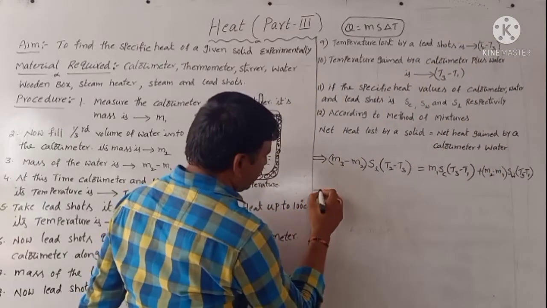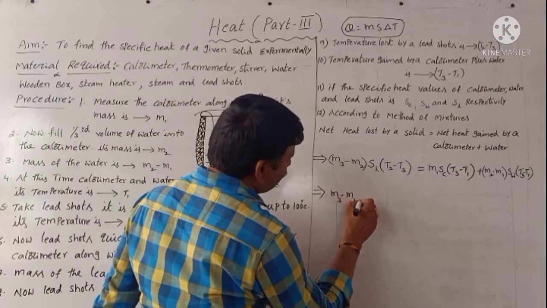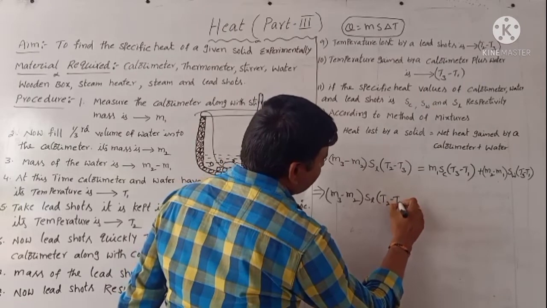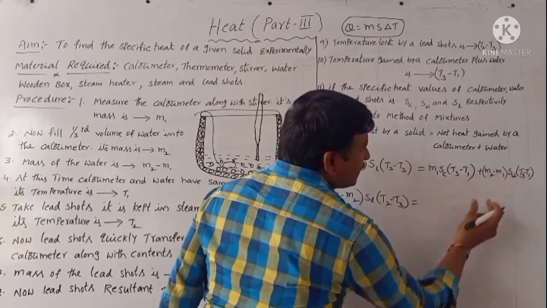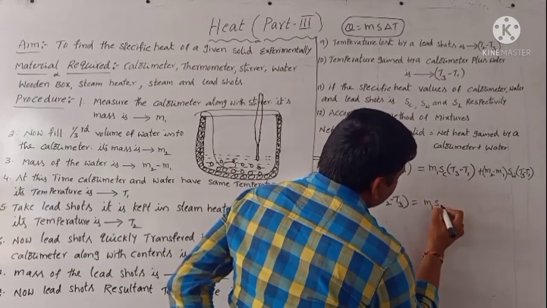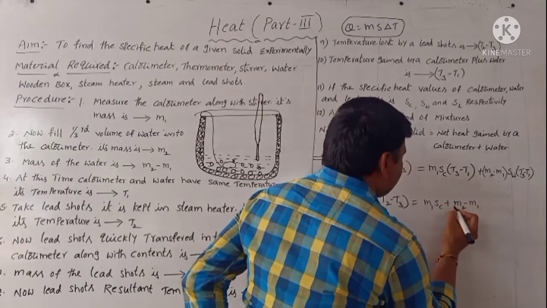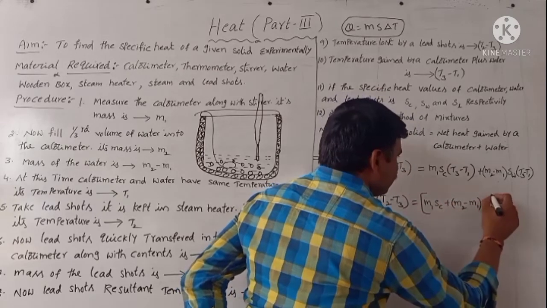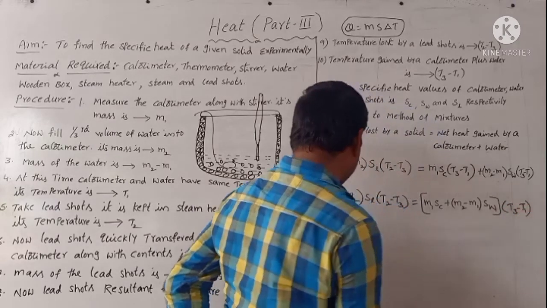So that implies M3 minus M2 into SL into T2 minus T3 is equal to, taking T3 minus T1 common, M1 SC plus M2 minus M1 of SW, into T3 minus T1.